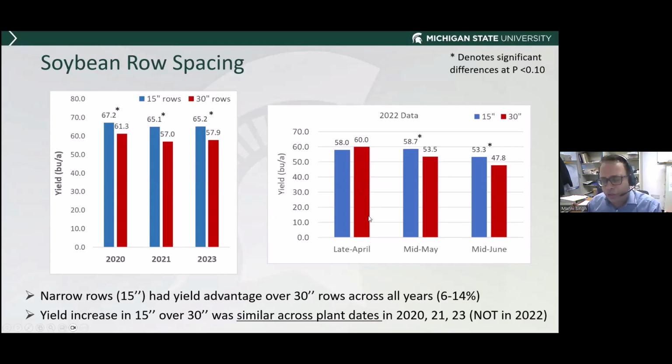We had some crusting issues, and that's where if you have plants close to each other in 15 and 30-inch rows, that potentially can benefit. But in general, we have seen this benefit, and others in other states have seen something similar.